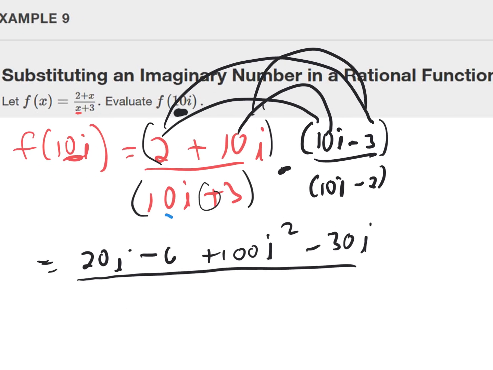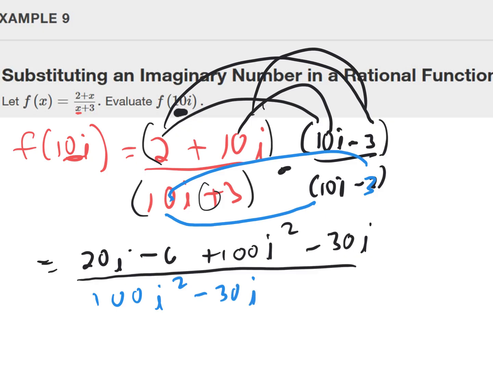again, first times first, 10i times 10i is 100i squared. Outer, 10i times a negative 3, negative 30i.